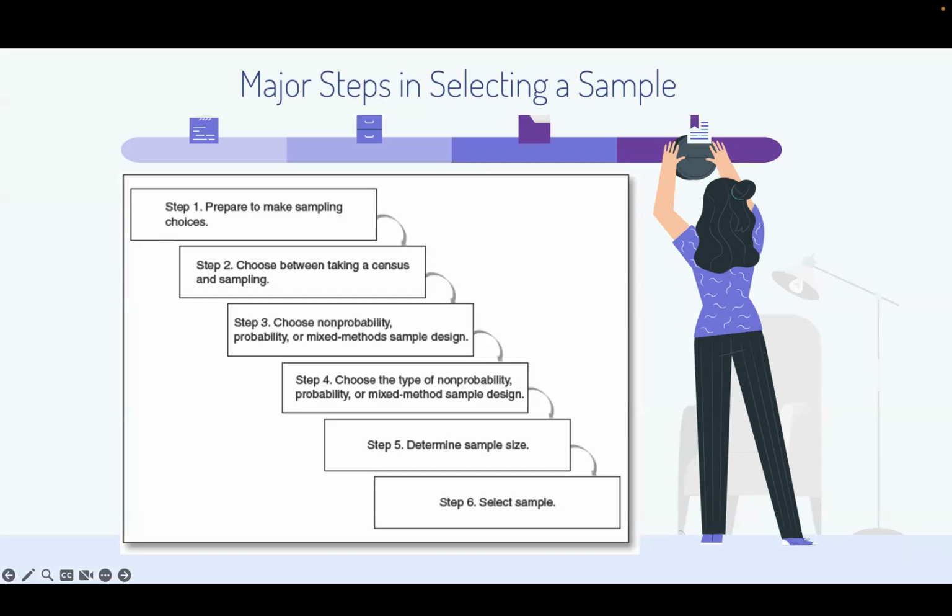Having chosen a specific type of sampling design to be used to select a sample, the next step involves determining the number of elements to be selected. And step six is to select the sample. The final step involves implementing one's sampling choices. The quality of the resulting sample is dependent substantially on the first step, preparing to make sampling choices.